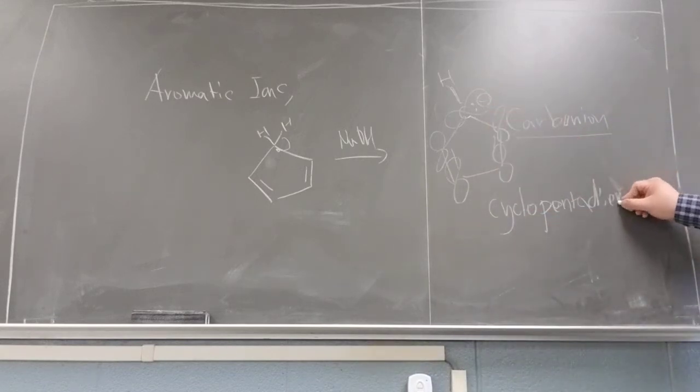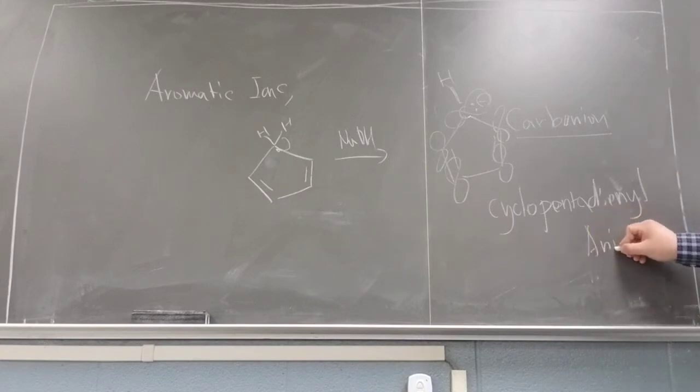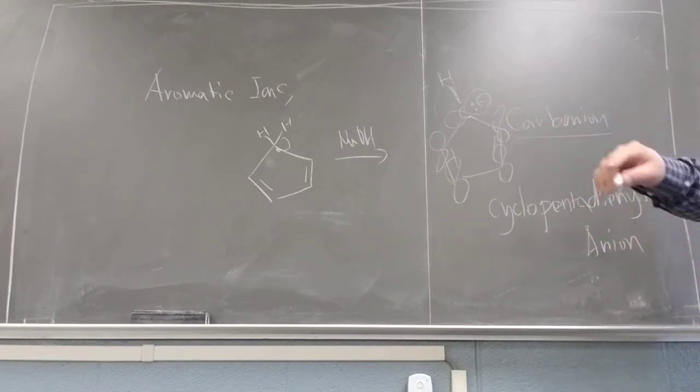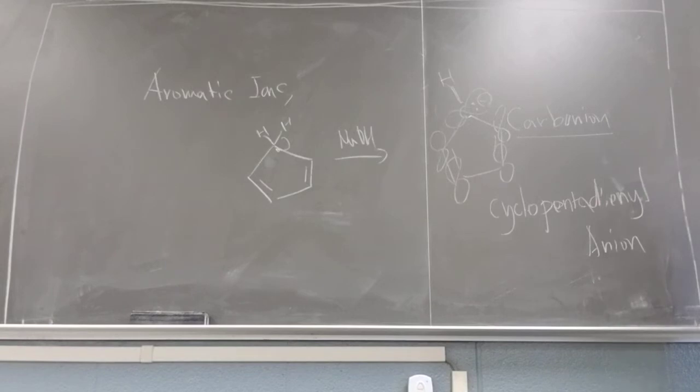So we have a dienyl anion. We can call this cyclopentadienyl anion because it becomes an ionic molecule by having one more electron on this carbon that makes it a negative charge.